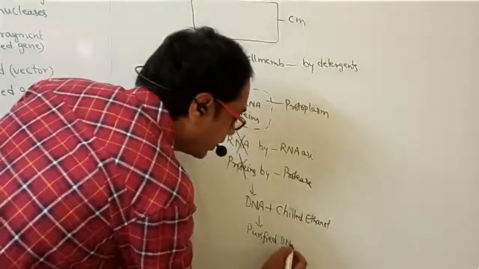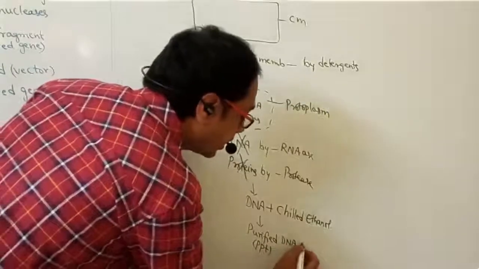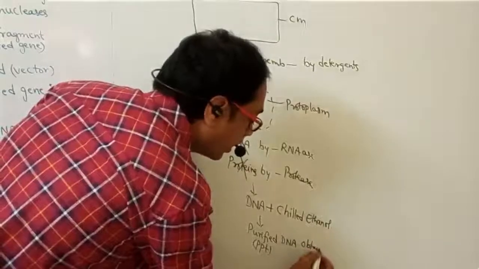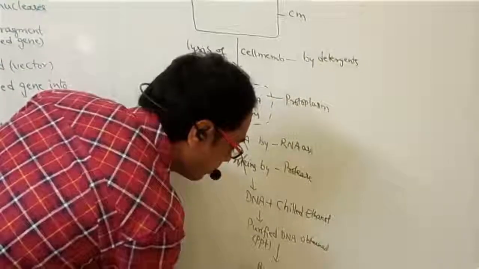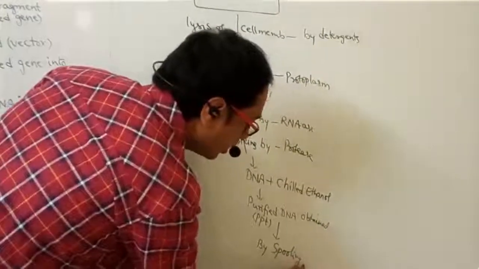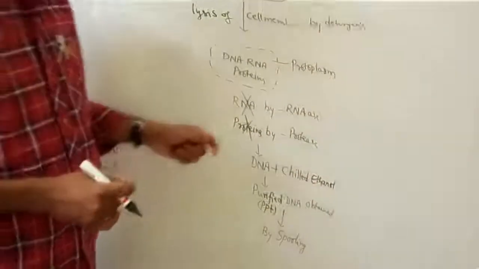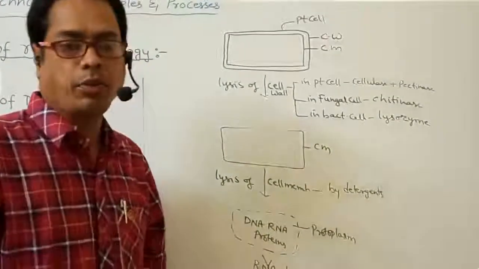Purified DNA is also called precipitated DNA. That will be separated by a process called spooling. Again, I am telling my dear students, this is very, very important. So, isolation of DNA is completed.